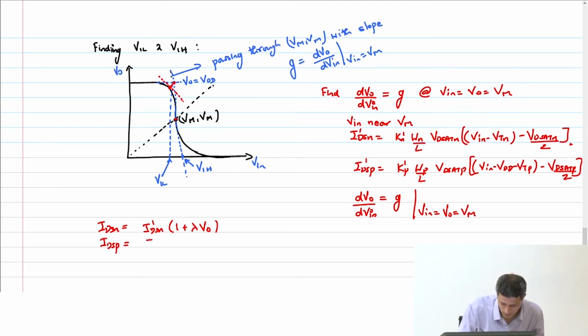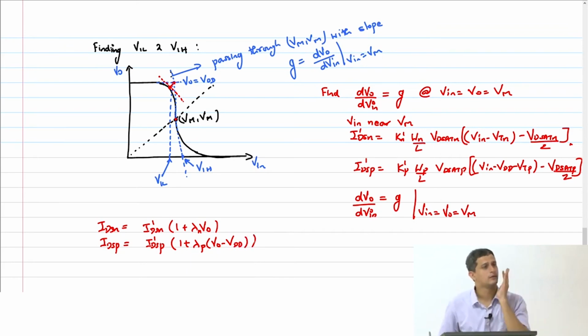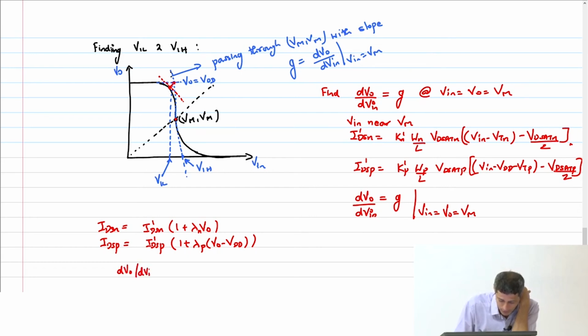IDSP equals IDSP prime into 1 plus lambda n lambda p V out minus VDD. Okay. Agree with me here?